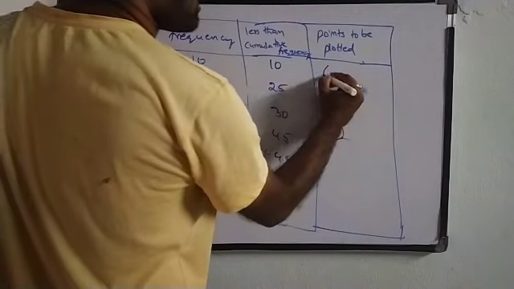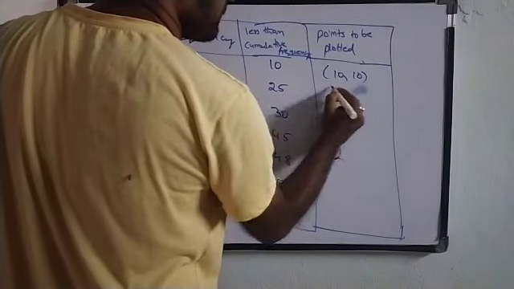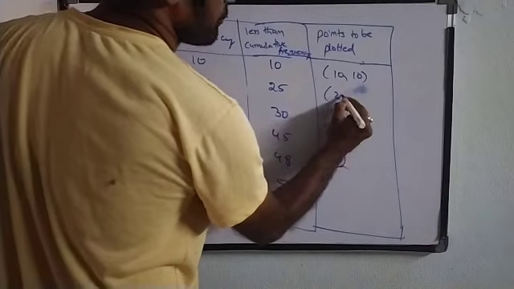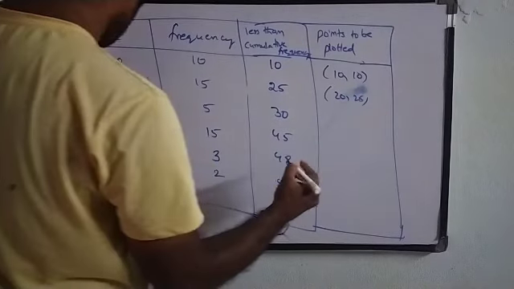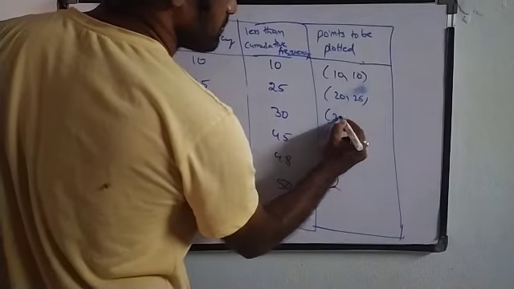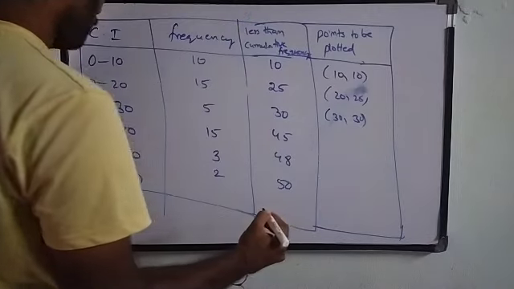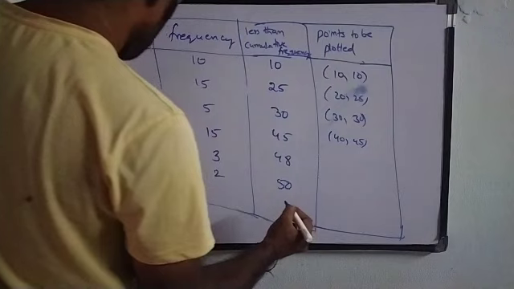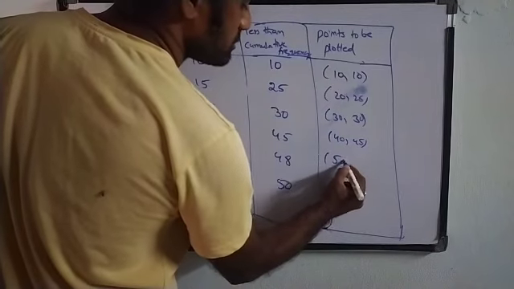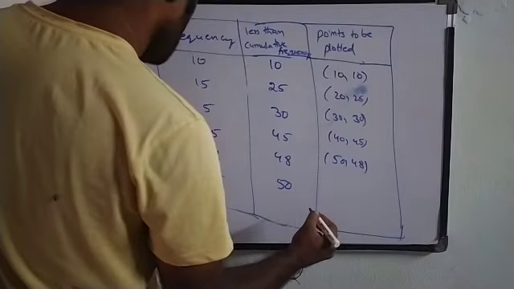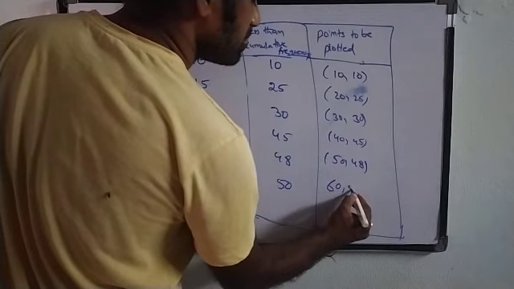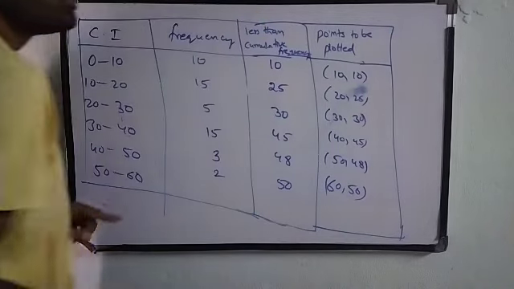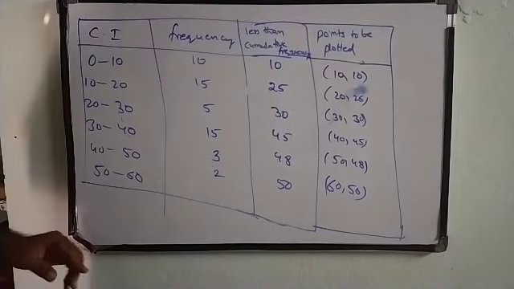So here the upper boundary is 10: 10 comma 10, 20 comma 25, 30 comma 30, 40 comma 45, 50 comma 48, 60 comma 50. These are the points which we need to plot on the graph sheet.